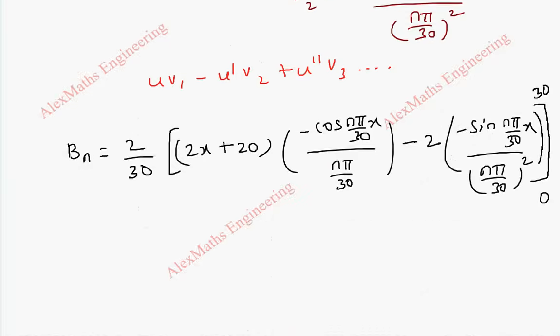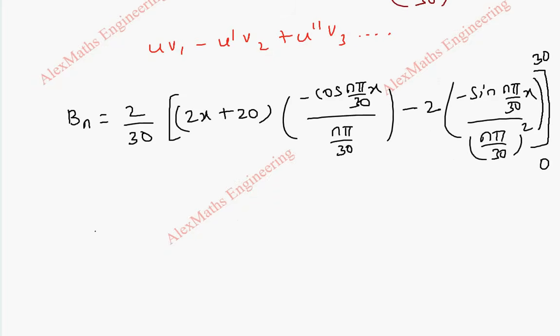Now we are going to apply the upper limit. So outside we have 1 by 15, after cancelling this 2 and 30.